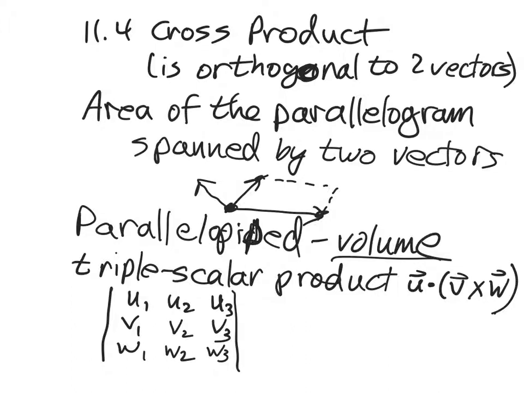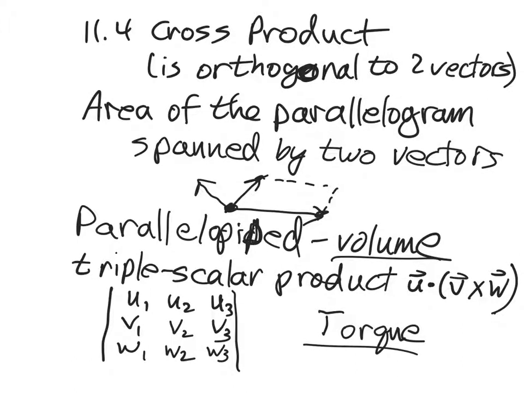So that's one application, a couple applications, the area of the parallelogram or the volume of the parallelepiped. But we also had one little bit more real world application for the cross product, and that's the torque.